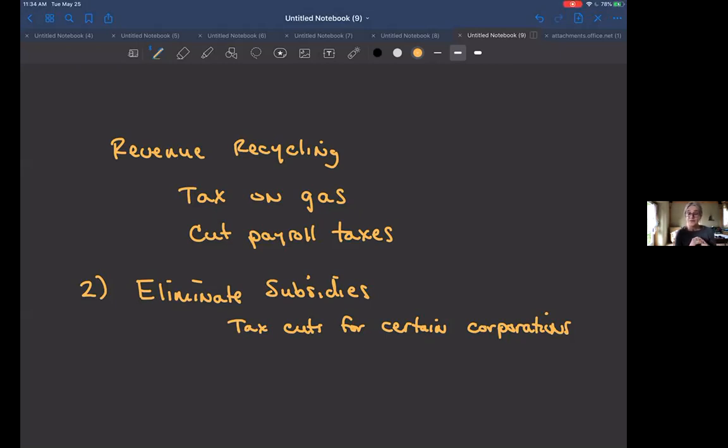And specifically, if you're a corporation and you have a lot of lobbying power, then you can go to Washington and lobby politicians and try to persuade them to act on your behalf. And so eliminating subsidies probably is not going to be something that is going to happen very rapidly or very readily within our political system.